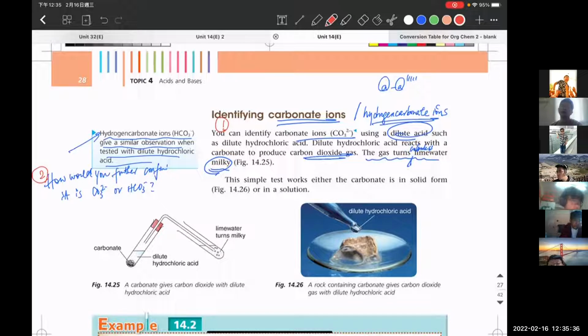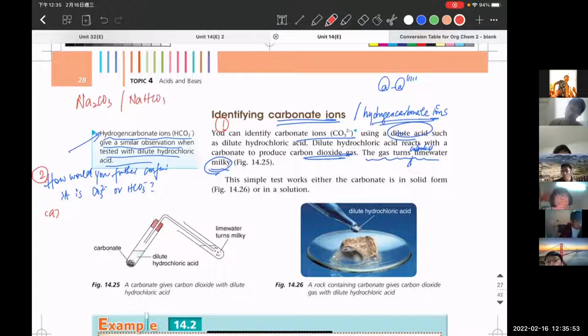Now there are two possible methods. I can think of two possible methods. Method one. For example, if I finally get the sample of sodium, I narrow down it is sodium carbonate or sodium hydrogen carbonate. I would like to do further tests. I want to get to know which is which, right?